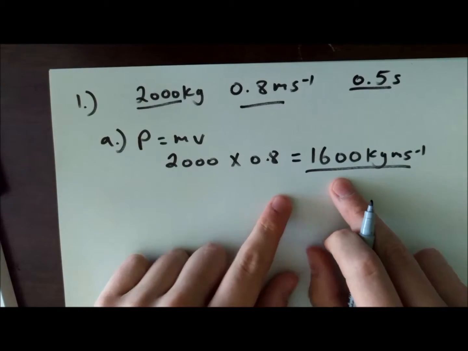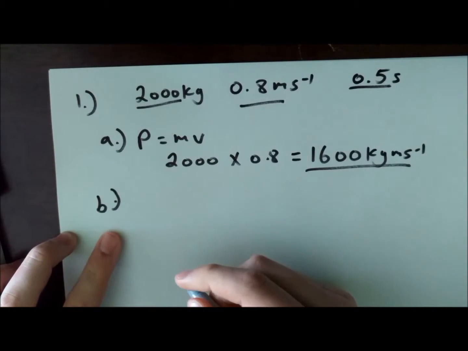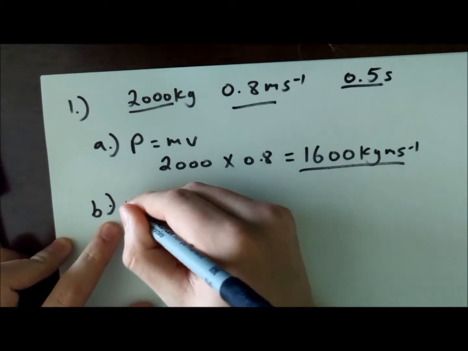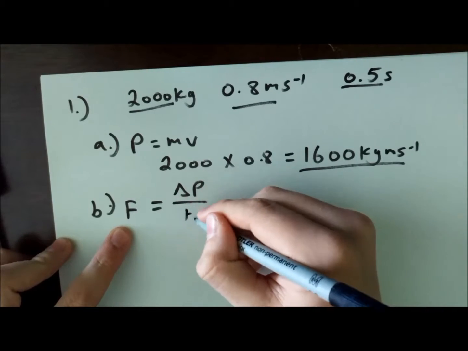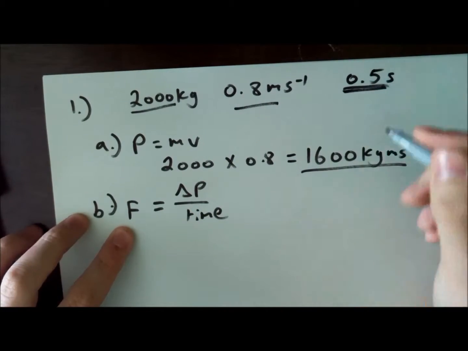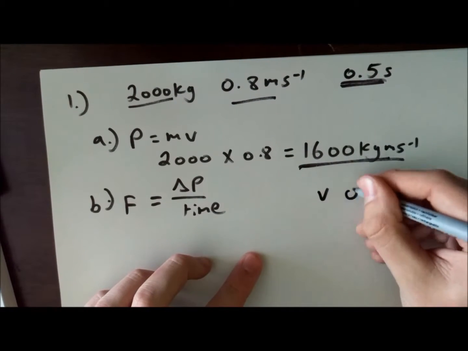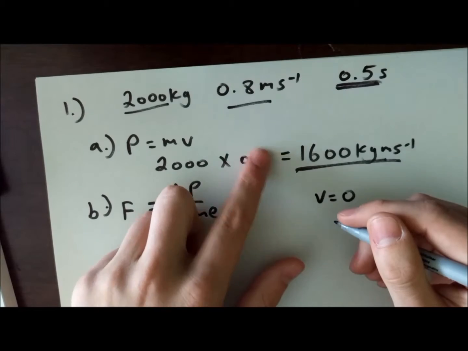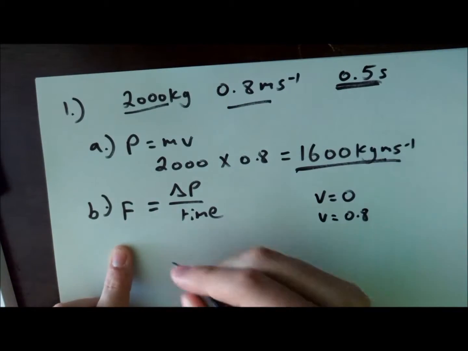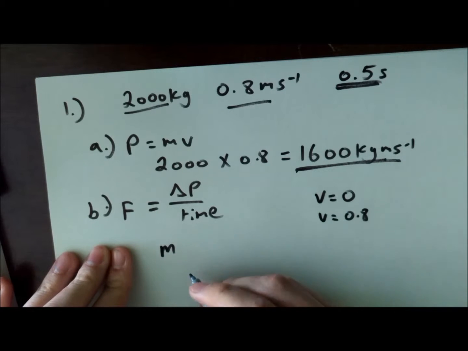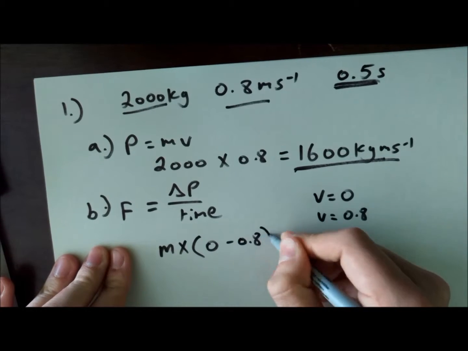That is part A. Part B asks us to find the force. Now, if we remember that force is equal to change in momentum divided by time. We have time. We know that the lorry stops, so we know that v will be 0 at one point, and then we know that v is 0.8. So we can go mass, which will remain constant, multiplied by 0 minus 0.8.